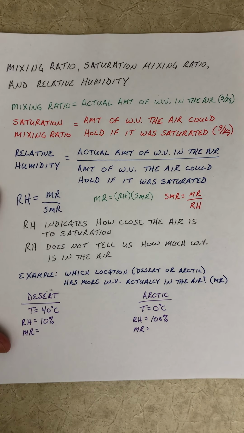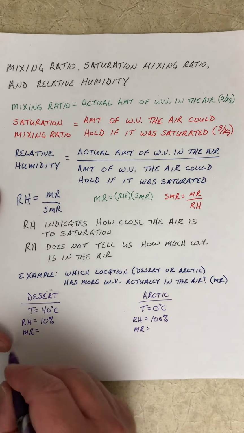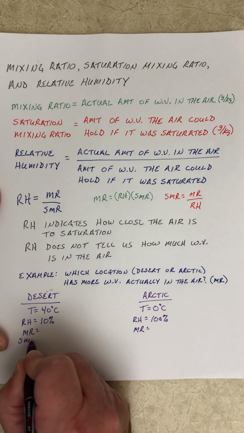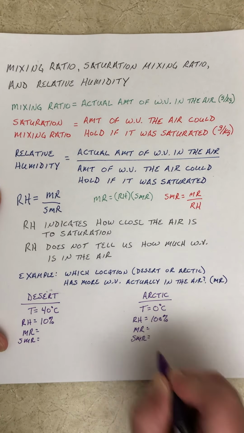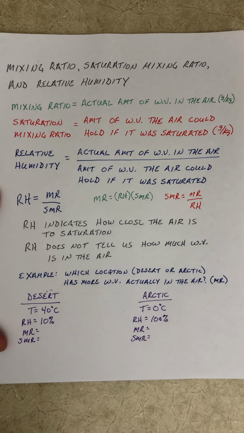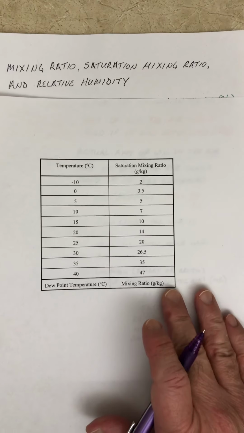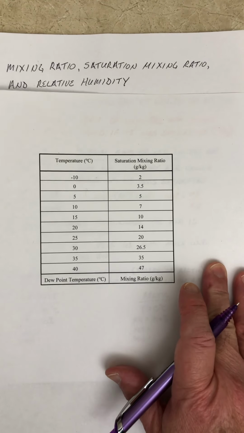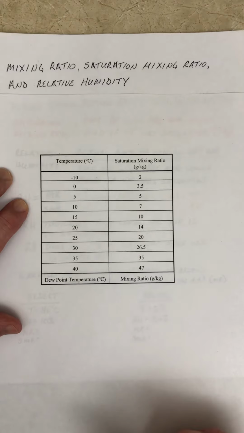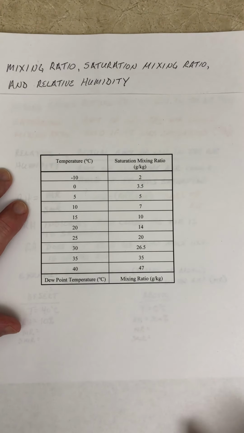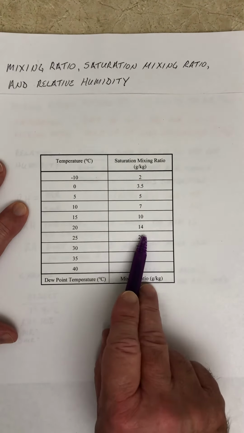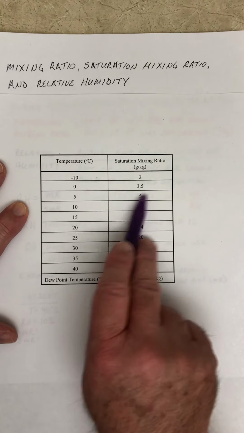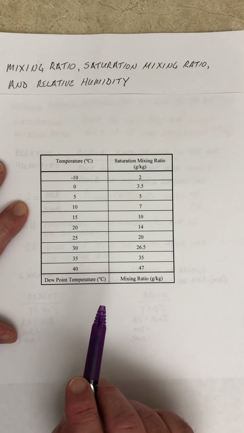Well, there's one more piece of information we need, and that is the saturation mixing ratio. The saturation mixing ratio is given to us out of a table, and I've put this on the Canvas website right underneath the learning materials in Chapter 6. This is called the saturation mixing ratio table, and it tells us the saturation mixing ratio at these temperatures given in the table.